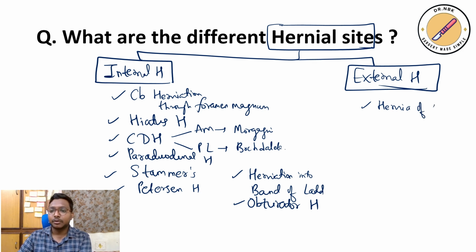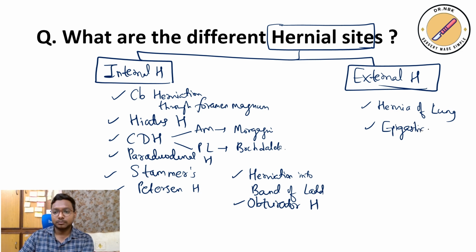wall is weak. So hernia of lung. Then just the classical ones, which is nothing but your epigastric hernia. So you can remember with the help of a diagram. This is your epigastric hernia, umbilical hernia, then paraumbilical hernia.